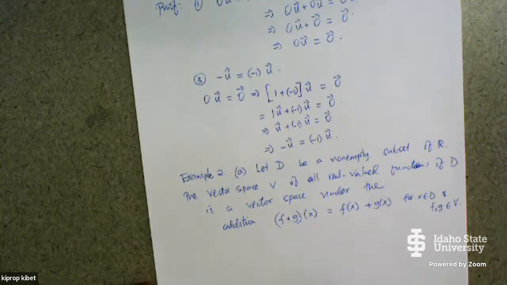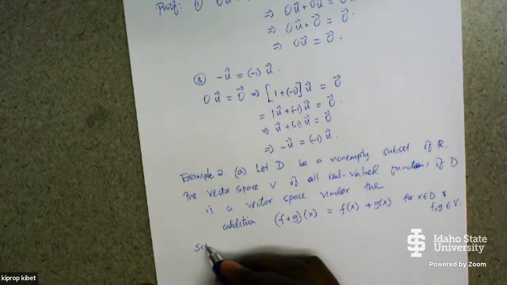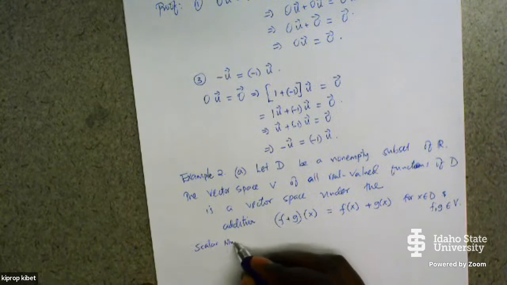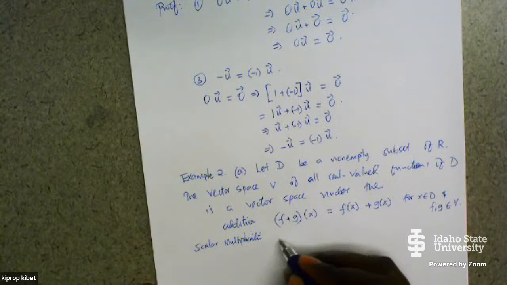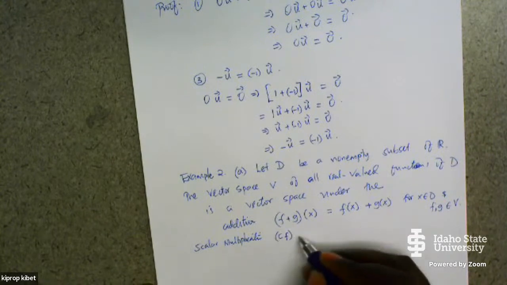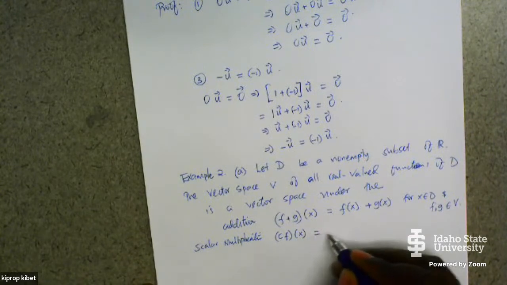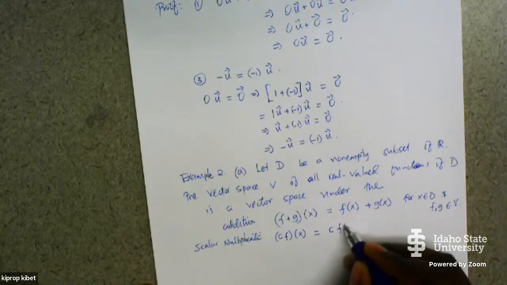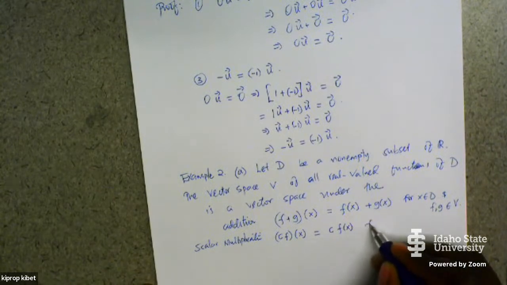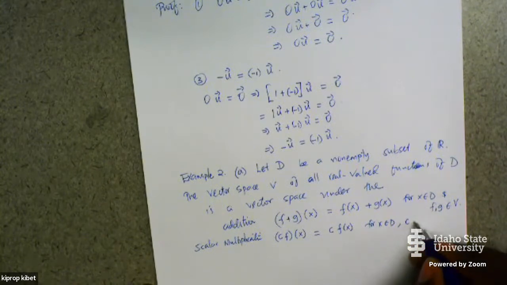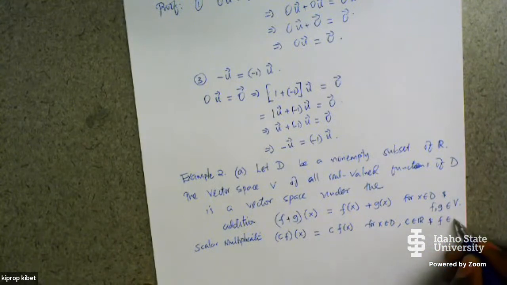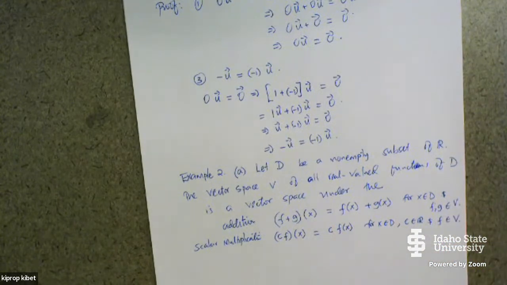And for the scalar multiplication, cf of x is the same as c times f of x for x an element of D, c an element of the real numbers, and f an element of the vector space.